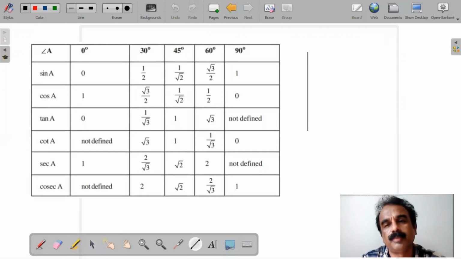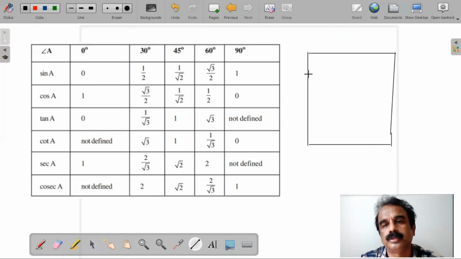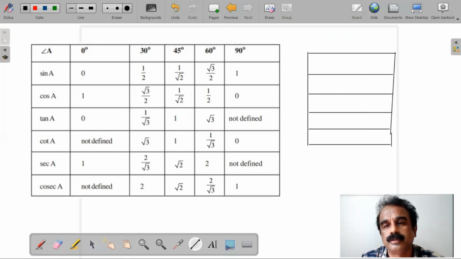Just make a box or a square, an exact square. You can draw it roughly also. Then divide it into 5 parts vertically and horizontally.